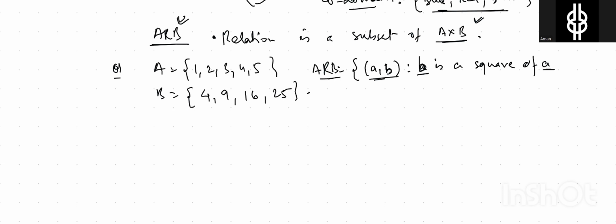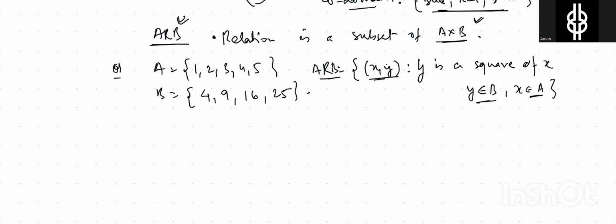If you're getting confused, you can make it X and Y, because this is what we normally use in our day-to-day math questions: X comma Y such that Y is a square of X. This is the relation, where Y belongs to B and X belongs to A. Now let's try to write the relation here, and it's very simple.